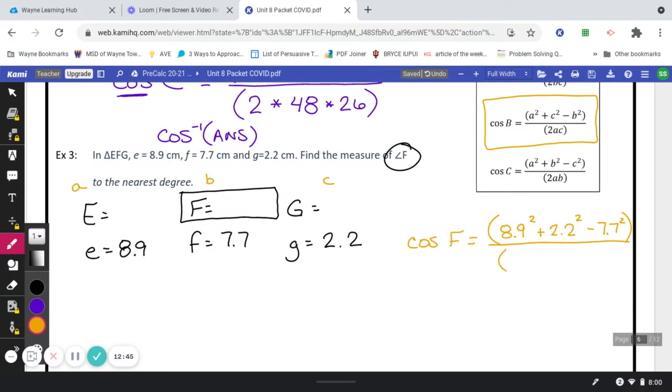Open a new one at the bottom. 2 times A, or E, 8.9, times C, which is G, which is 2.2. Remember, at the end, you have to get rid of the cosine. So you're going to inverse cosine the answer, and that's how you're going to get that cosine to cancel out.